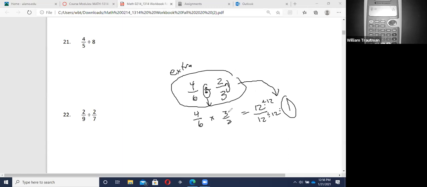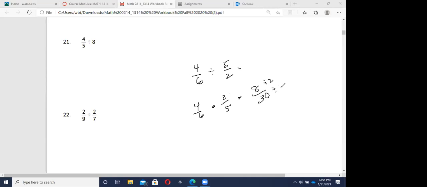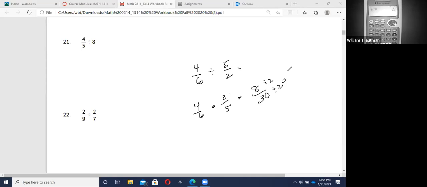And let me show you another example. That was weird. 4 over 6 divided by 5 over 2. Let's try this one. That stays the same. This flips, and I get 8 over 30. Do you see how they both are even numbers? Yes, sir. So you know you can reduce it. Even numbers can always be divided by 2.